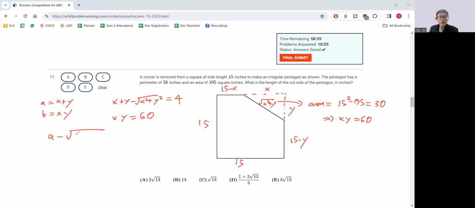So a minus root a squared minus 2b is equal to 4. B is 60. So a squared minus 2b is exactly what I want, right? It means that if I actually divide, so this is quite clever, right?